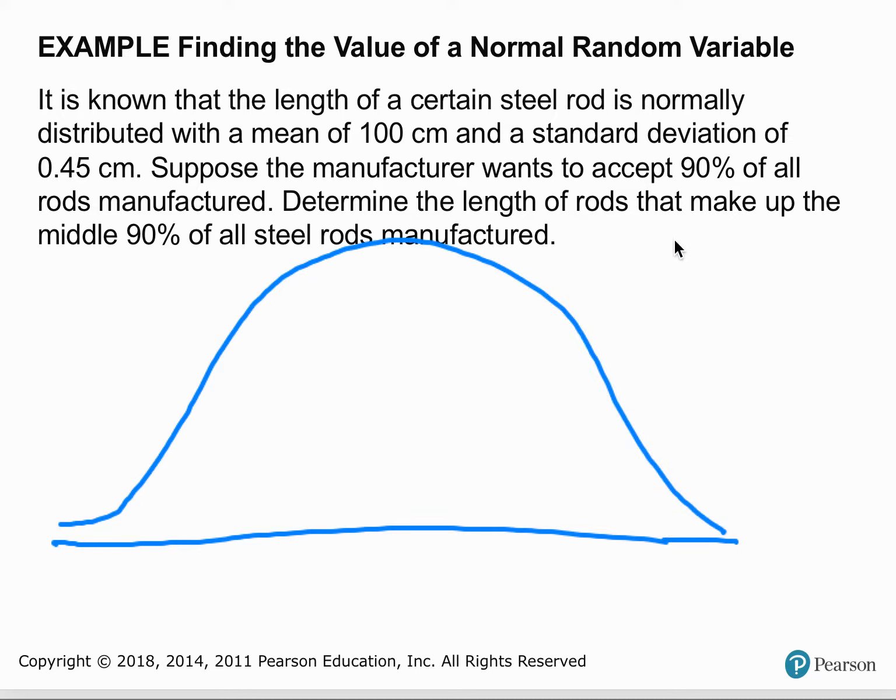All right, because it's normally distributed, I can do this. Mean is 100, right? Standard deviation 0.45, so 100.45, 100.9, and 101.35.